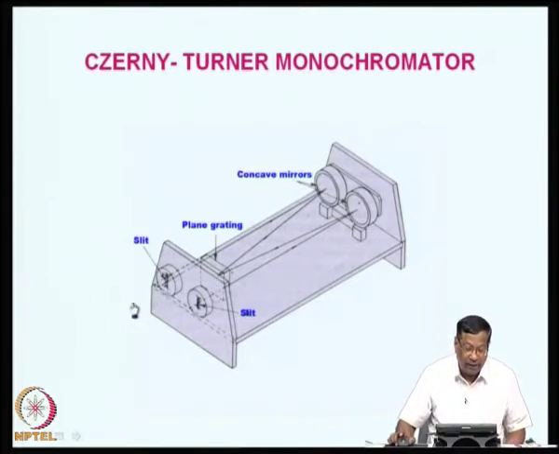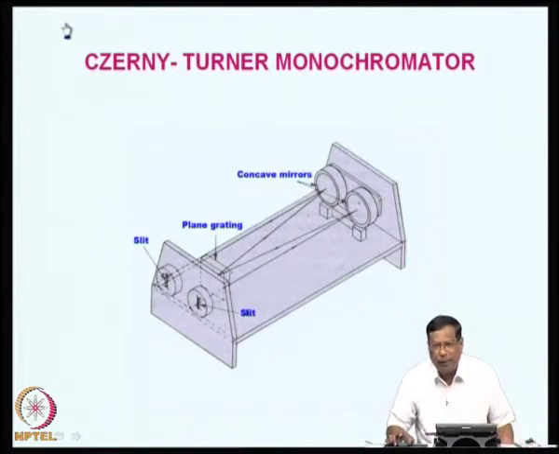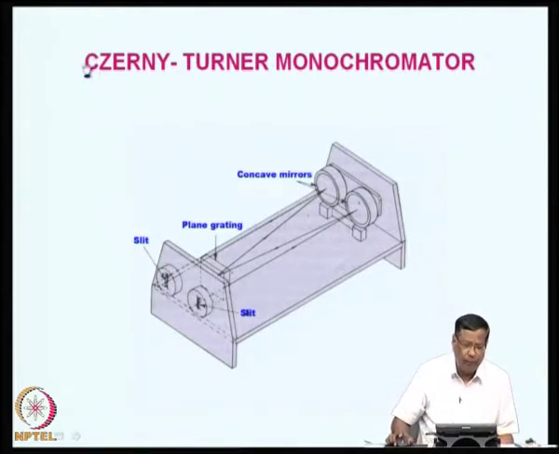So, that radiation coming through this slit will go on to the concave mirror, reach the grating, and then again go back to another mirror, and it comes back through the exit slit. Very simple arrangement. Both these arrangements are useful for the atomic absorption spectrometer. Both of them are used.